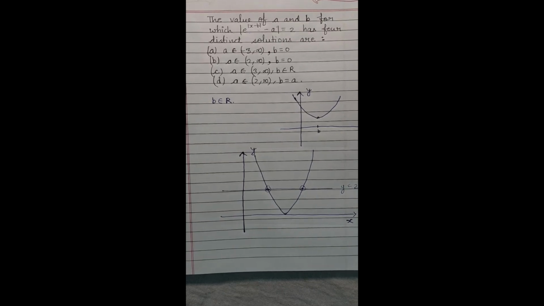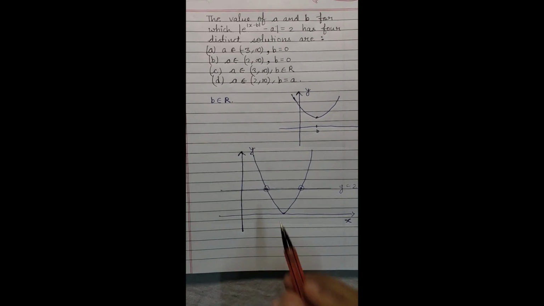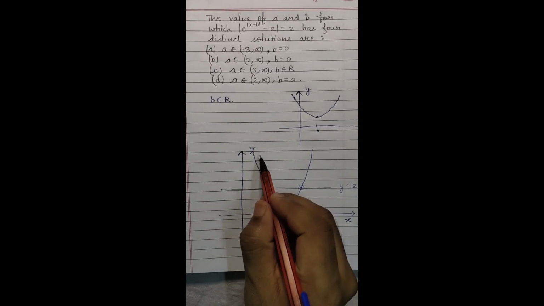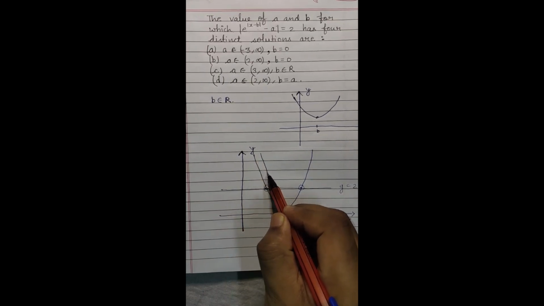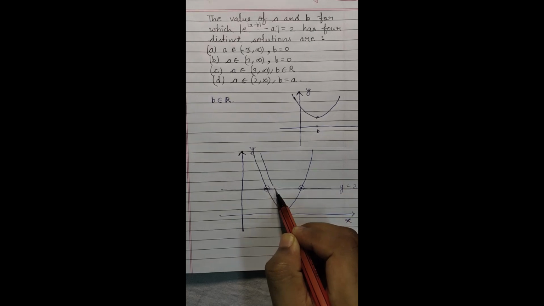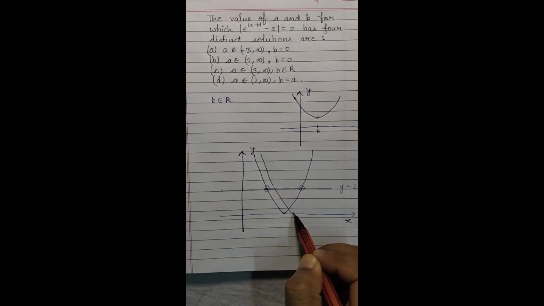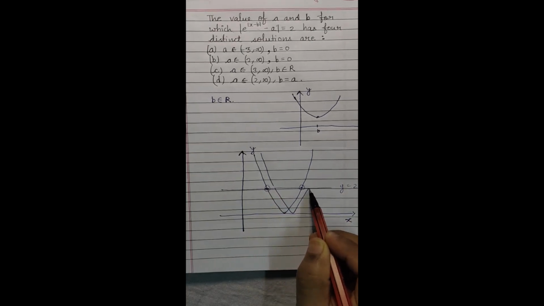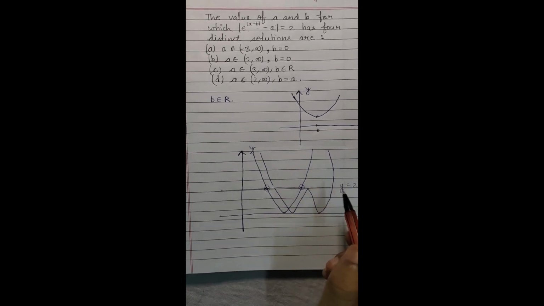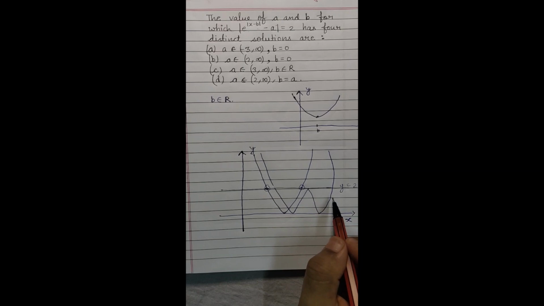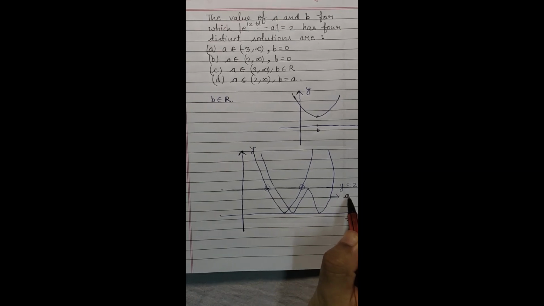So what if I make the value of a to be 3? So the graph will be something like this. Starts from here, it will be like this, touching y is equal to 2, again here. This is for a is equal to 3.